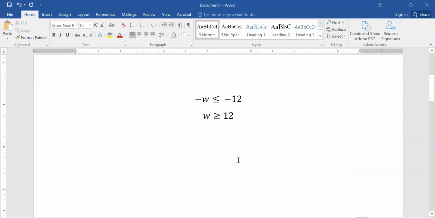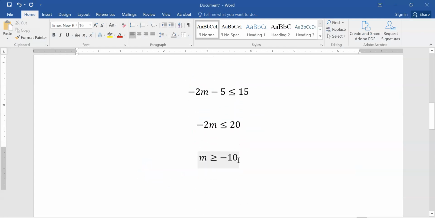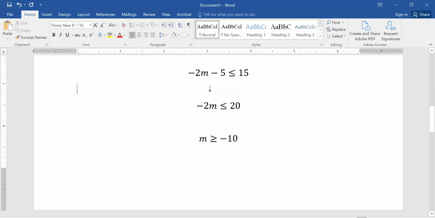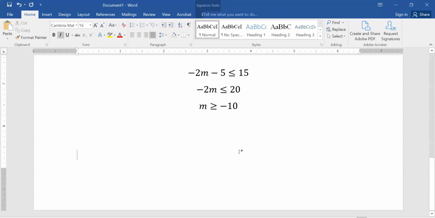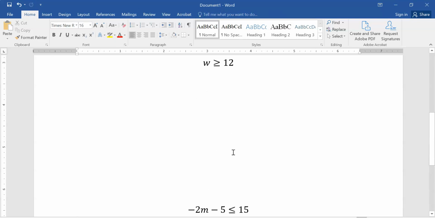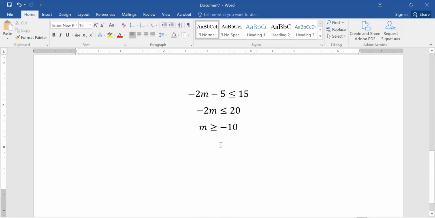So there you go. Now we have our algebraic solution, our number line, and our interval notation. Let's do one more here. Let's do number 3. We've already algebraically solved this and ended up with m greater than or equal to negative 10. Yeah, we had greater than or equal to in the last problem, but that's fine. Let's go ahead and graph that on the number line and get the interval notation.